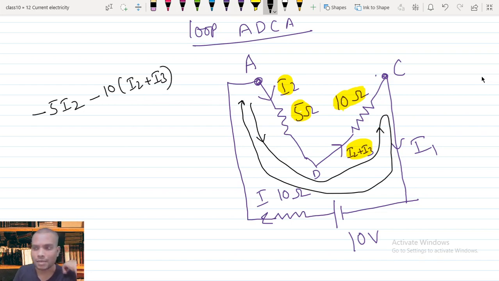Now in this case I am crossing the cell. I am crossing the cell from negative to positive.